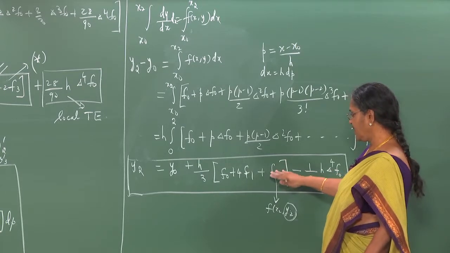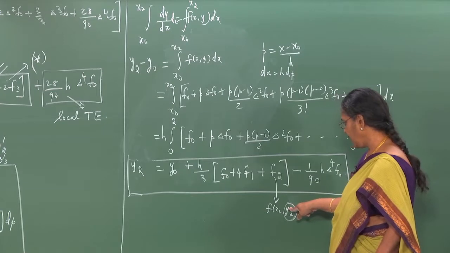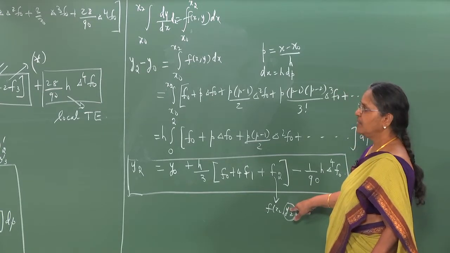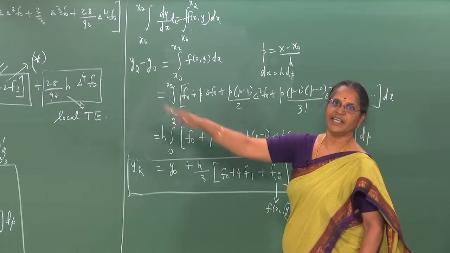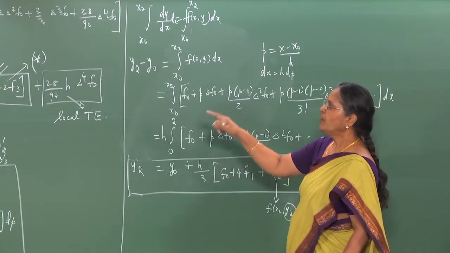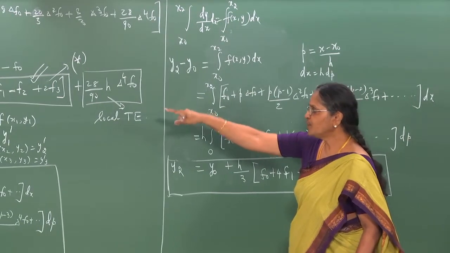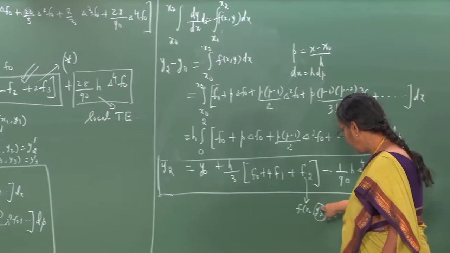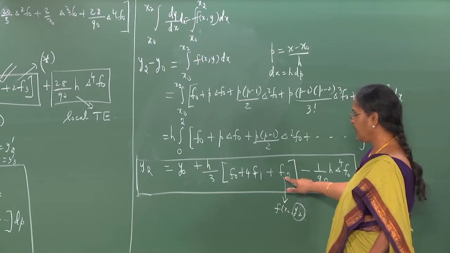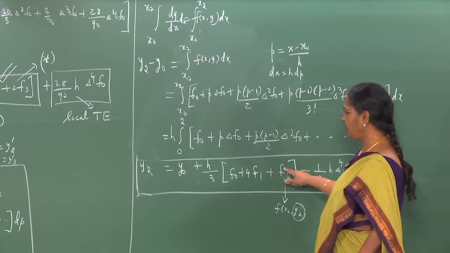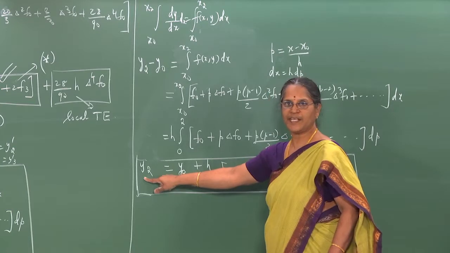This suggests that the value of y2 that we have here can be obtained from the multi-step method that we have derived earlier. So, we can call that a predictor and use that value over here, so that f can be evaluated, and using that information the new value of y2 can be obtained.